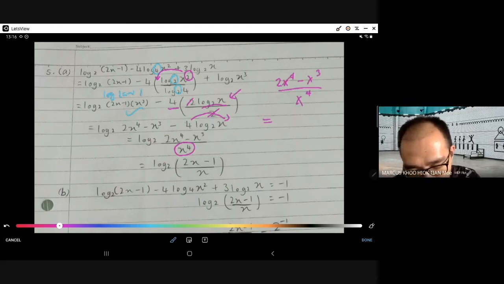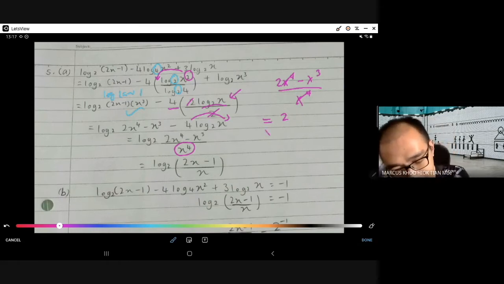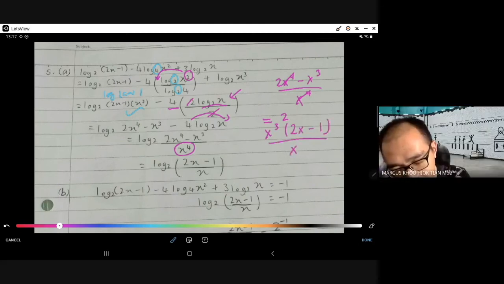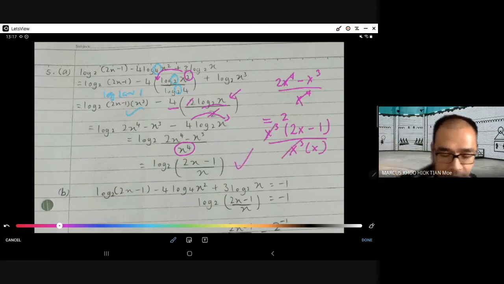So this will be gone. Hold on, x to the power of 3. 2x minus 1 over x to the power of 3 times x. Oh, okay. All right.